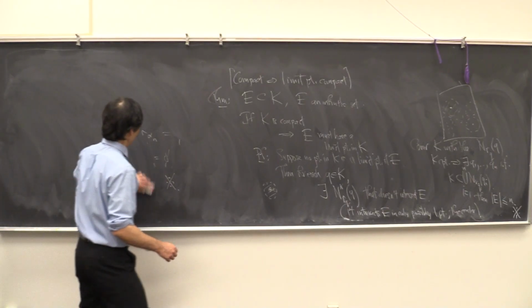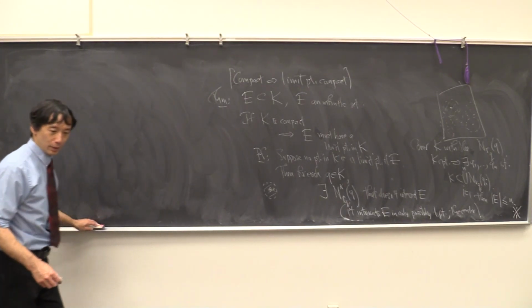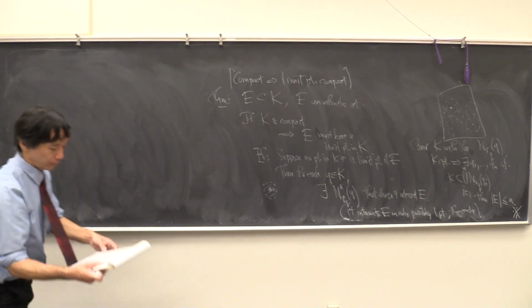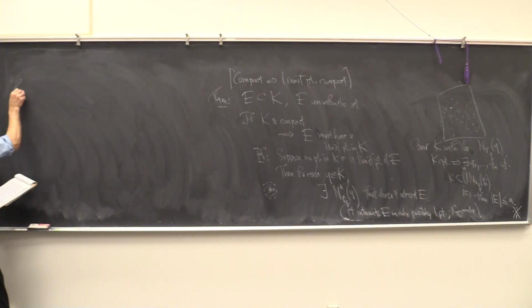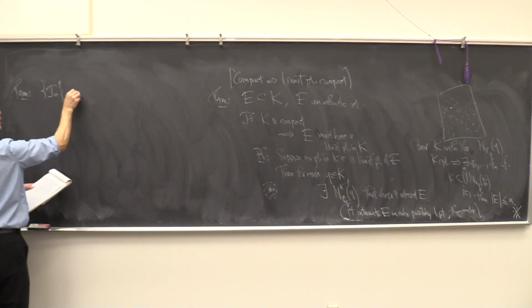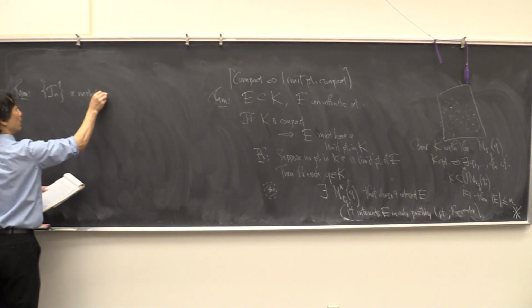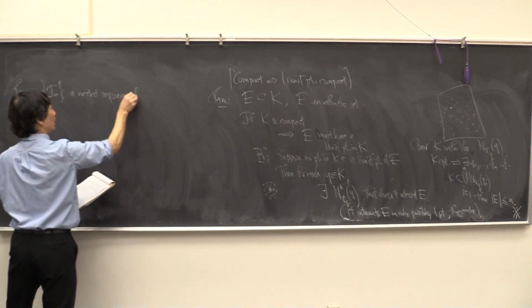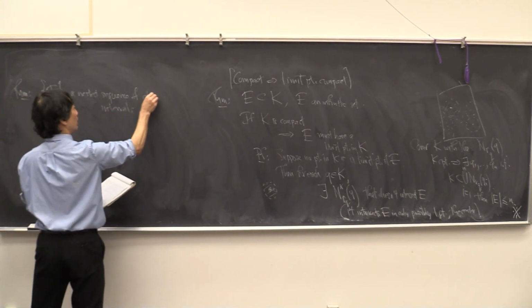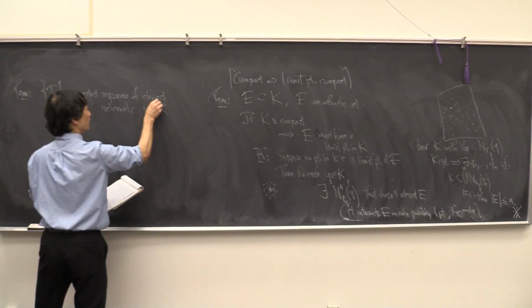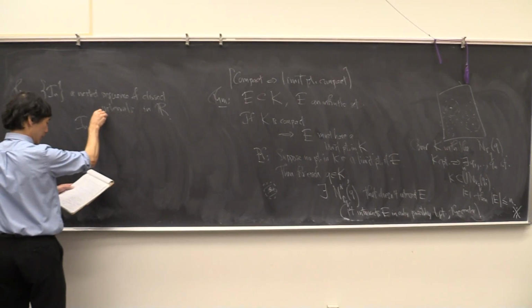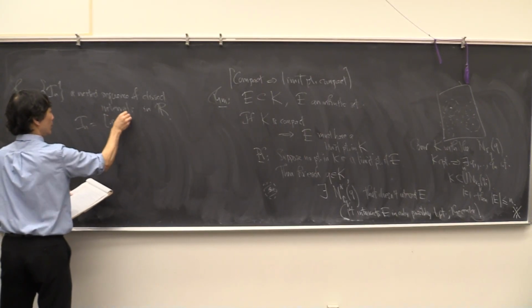Okay, last peculiar fact. Suppose you have I_n, a nested sequence of closed intervals in R. Let's say they are [a_n, b_n].